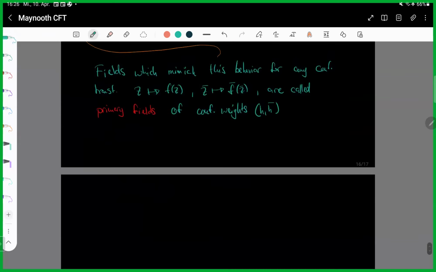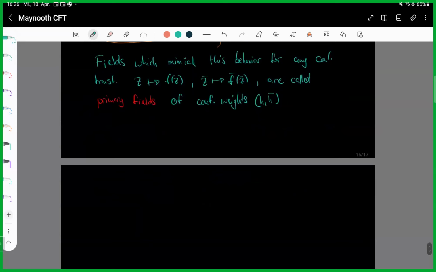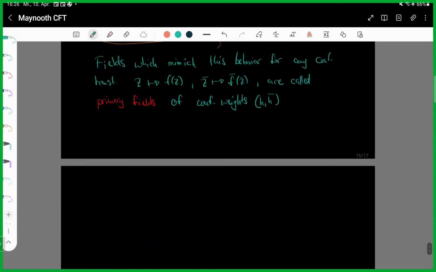So the transformation behavior is as follows. Phi prime of z, z bar equals, and there's going to be some transformation. Now I'm implicitly assuming this is a quantum operator thing, so I need some operator U which implements this transformation on the quantum level.